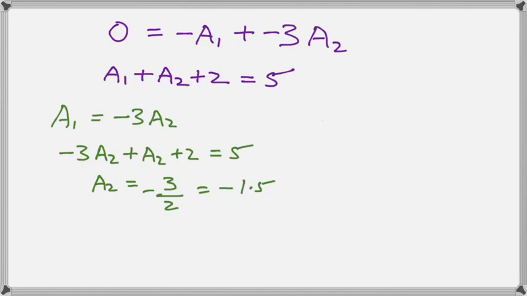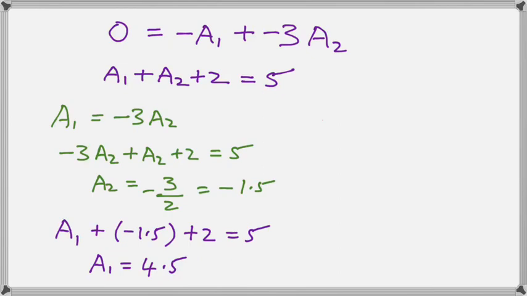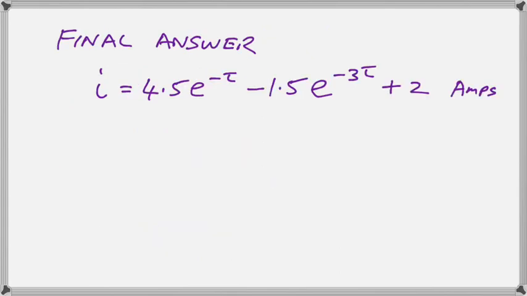Now, once we have found A2, we can plug it into the equation which will give us the A1. Two equations, two unknowns. Make sure you realize that you solve. This is all linear stuff. You did this in little children. So this is great. But now we have our A1 and A2, and we can write our final answer.